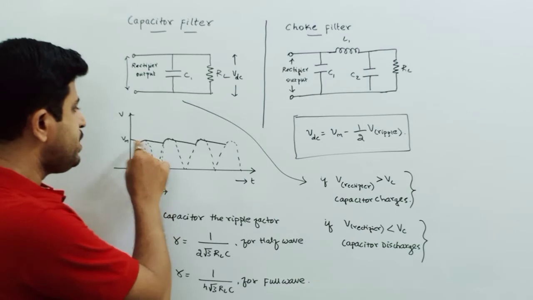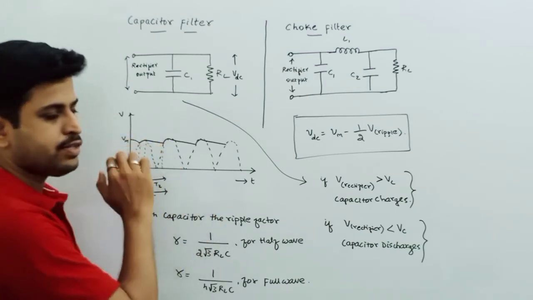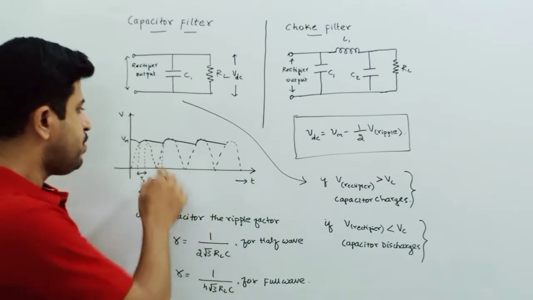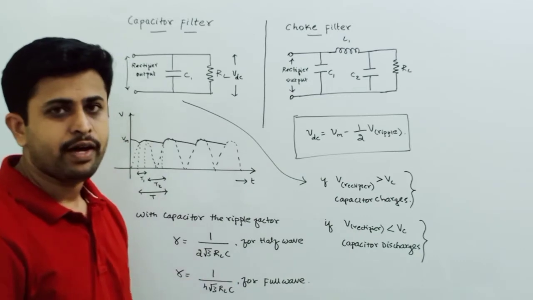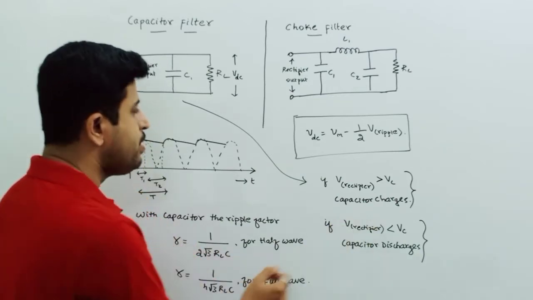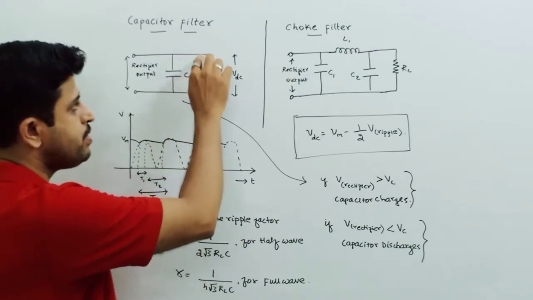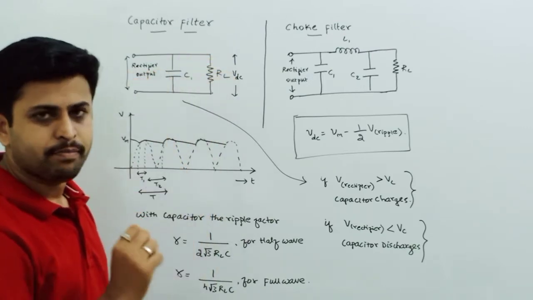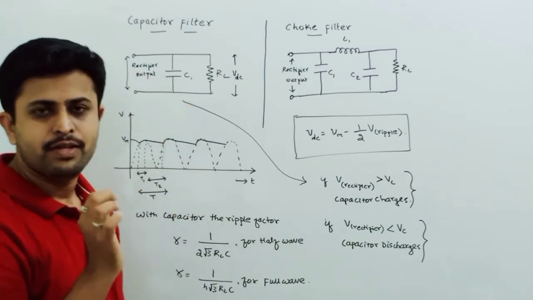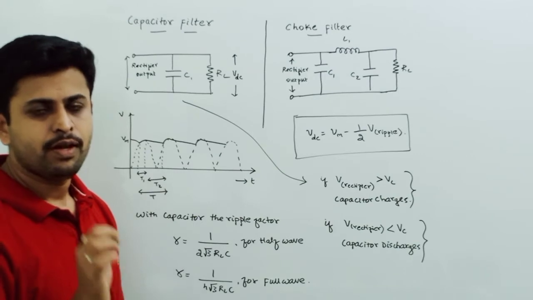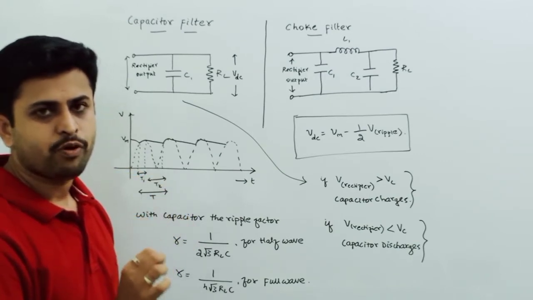Once it gets charged, slowly we can observe the output is falling, sinusoidally. When the output of the rectifier becomes less than VC, the voltage across the capacitor, then this capacitor starts discharging. So the capacitor charges and discharges, reducing the ripples at the output of the rectifier.